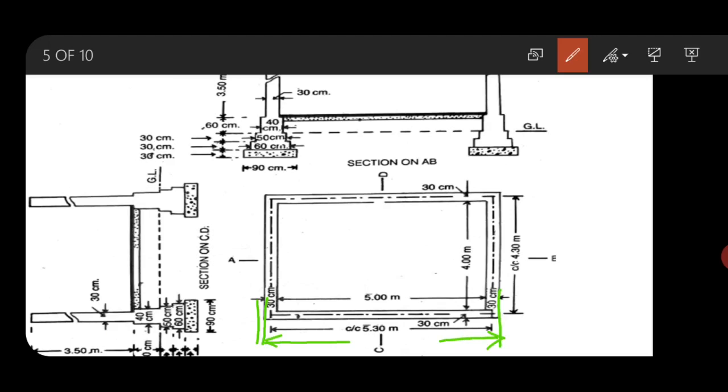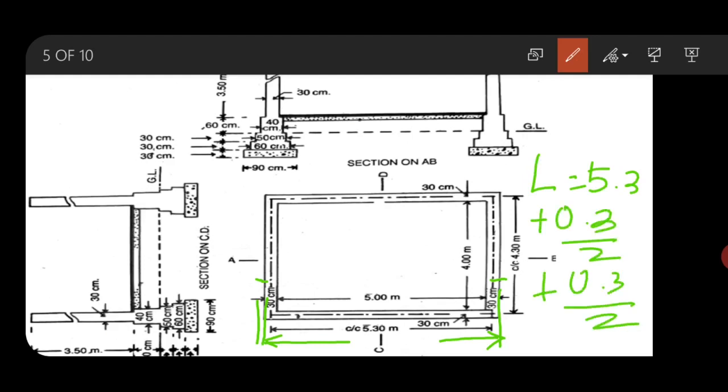The center to center length is given, 5.3, plus, when we add half of the breadth on one side and half of the breadth on the other side, we will get our out dimension. So the length will be equal to center to center length plus 0.3 by 2 plus 0.3 by 2. This will be the length of the superstructure wall along the long wall.